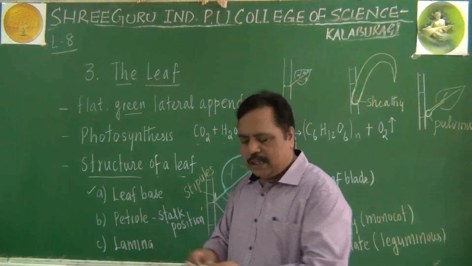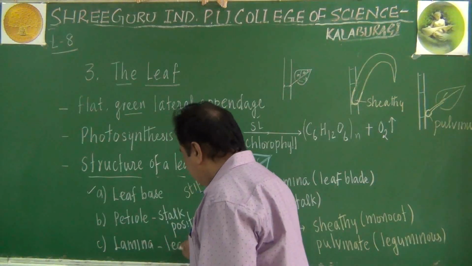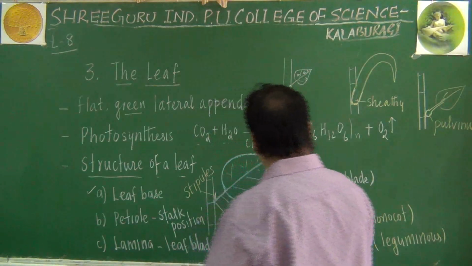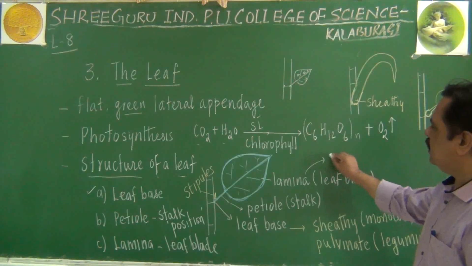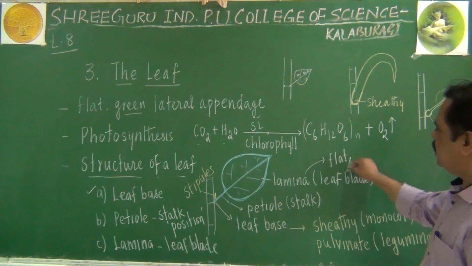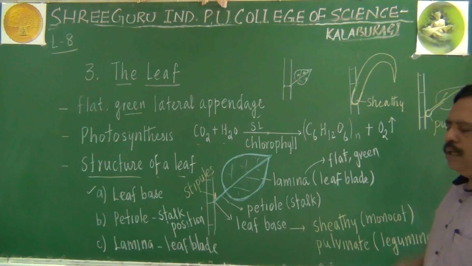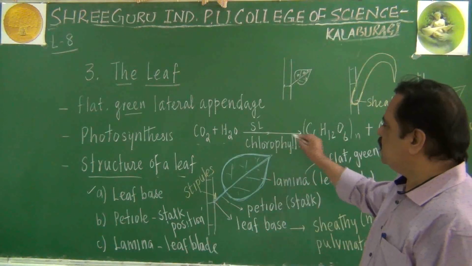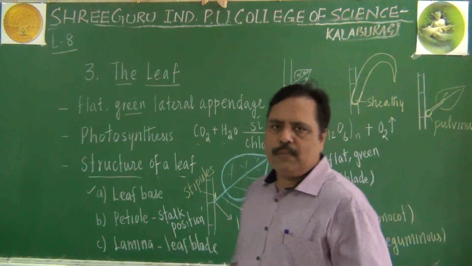Let me come to the lamina here. Lamina refers to the leaf blade. I told you already, this is the leaf blade. This leaf blade is flat in nature and it is always green in color. Why is it green in color? It is due to the presence of chlorophyll pigment. Where do you find chlorophyll pigment?